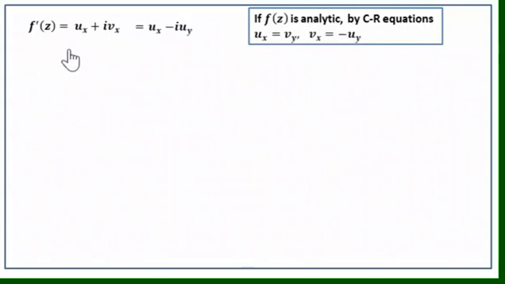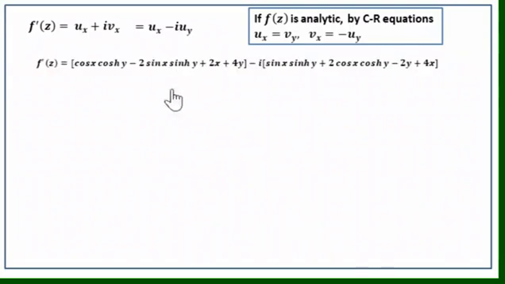So f dash of z becomes ux minus iuy. Then substitute for ux and uy.